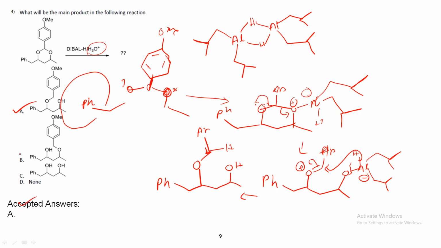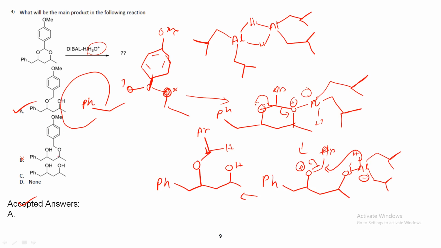If we look at the other options, if we attack from the hindered side, then we would be generating B. So we can discard this option. Here you can see both are protected, but this particular one is PMB protection.